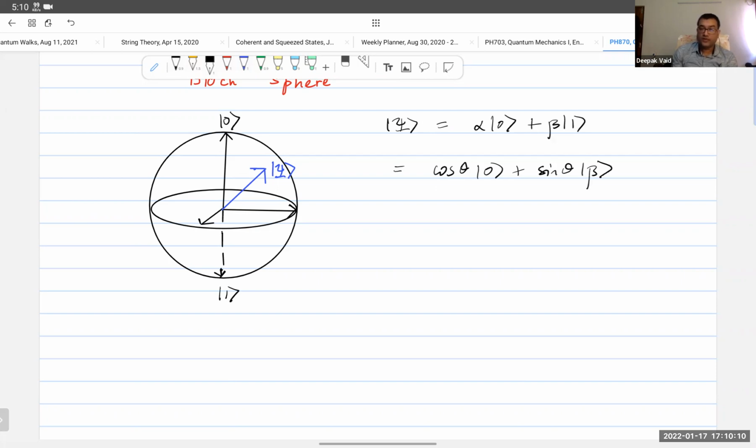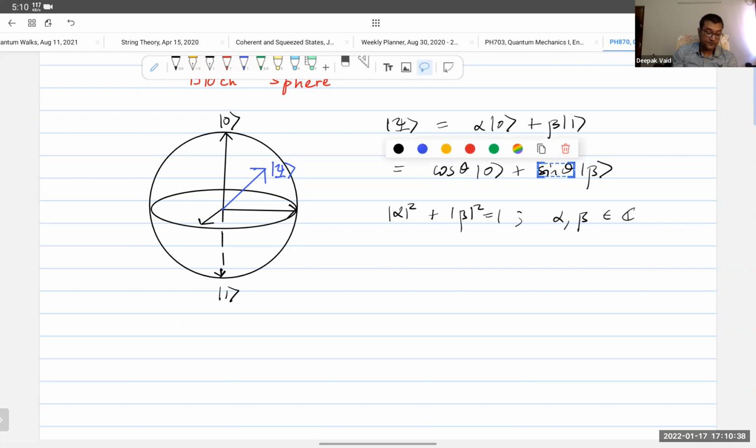Well, you can do that, but this will not be very useful. And even if you do that, there is a relative phase, because these can be complex numbers, and the ones that I've chosen here, cosine and sine, are real numbers.